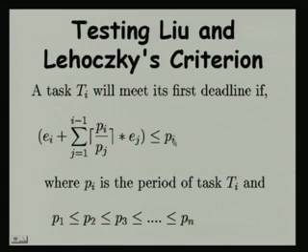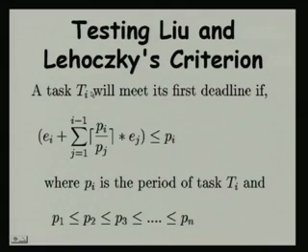Let us say Pi is P4, which is 100, and P3 is, let us say, 30. How many instances of 30 will occur before 100? What do you think? 4, because at 0, 30, 60 and 90. So, 4 instances will occur.